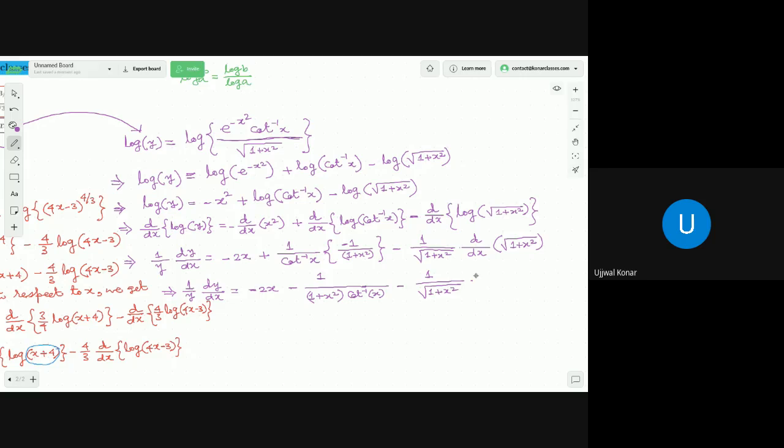That means 1 by 2 into 1 plus x square power 1 by 2 minus 1, that is minus 1 by 2, correct? Into d/dx of 1 plus x square. Correct, no? d/dx of 1 plus x square is equal to 2x. Are you getting the point?